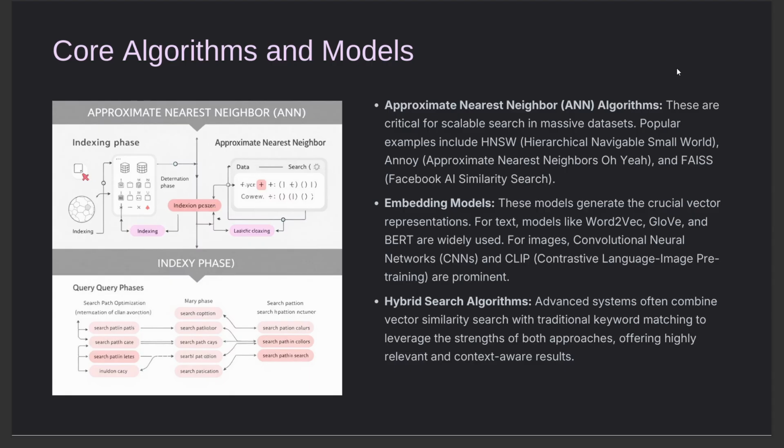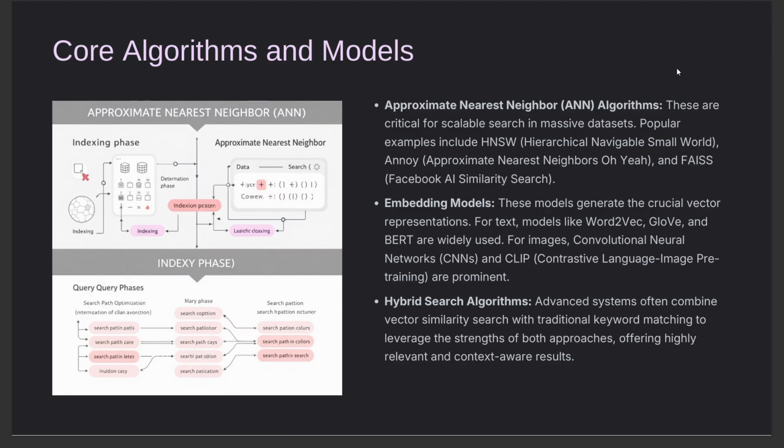They are designed to find the closest vectors efficiently, even in massive data sets. Popular examples include HNSW, Hierarchical Navigable Small World, and FAISS, Facebook AI Similarity Search. They reduce search time while maintaining accuracy.